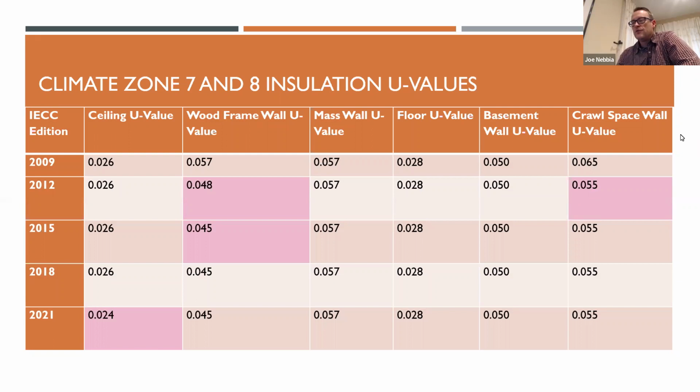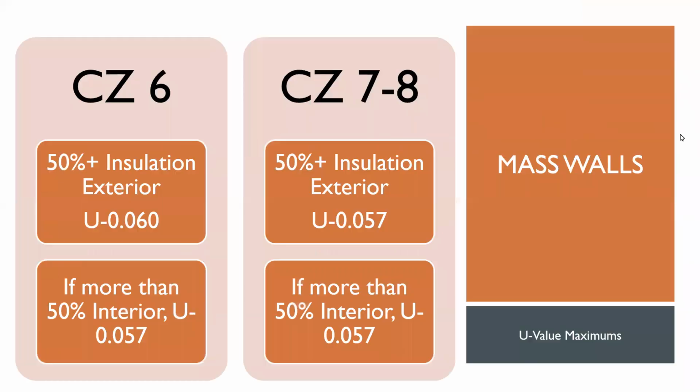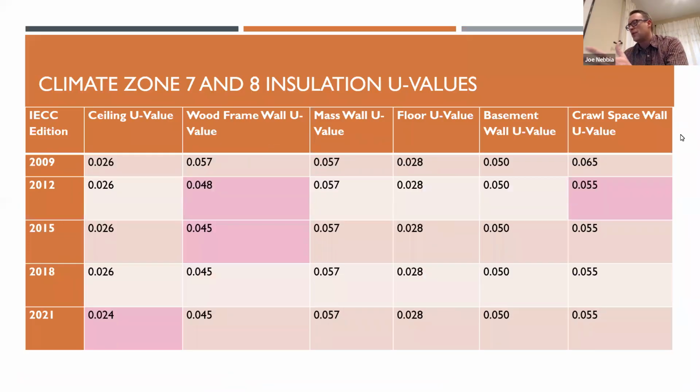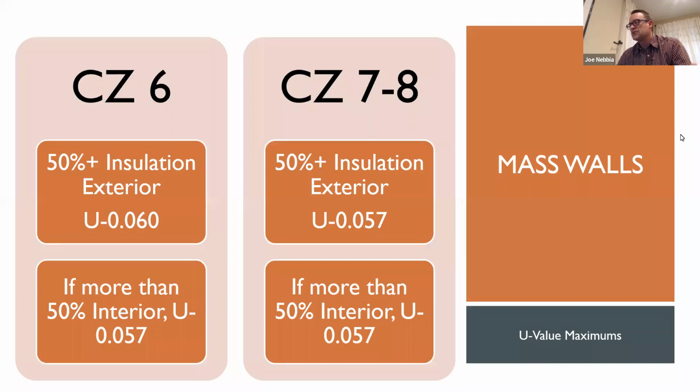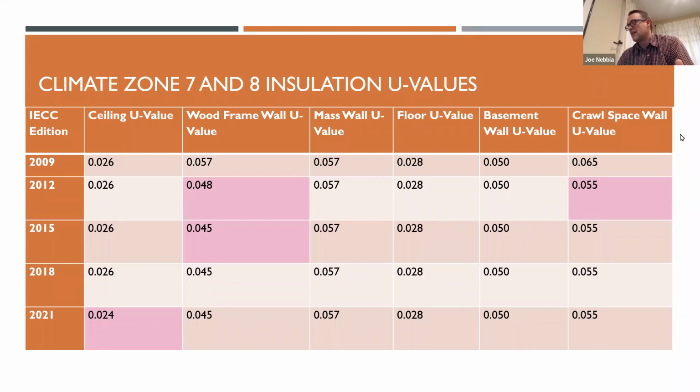Again, just to look at the U value, you'll notice, for example, in the mass wall, I've got a 0.057 U factor, and it's a 0.060 for climate zone 6 because I've got more insulation in this case. Mass walls, it is important to note that that U value in the table, the 0.057, is really linked to the R19 in this case. So if more is to the exterior, it's giving credit for a U value of 0.057.